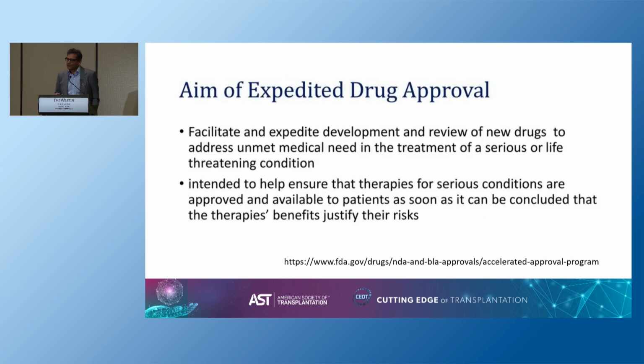Now, the reason this is important, of course, is that to advance new therapeutics, we need to really go for expedited drug approval. And the most important thing in the first bullet point here is that the intention is to facilitate development of new drugs to address unmet needs for the treatment of serious or life-threatening conditions.